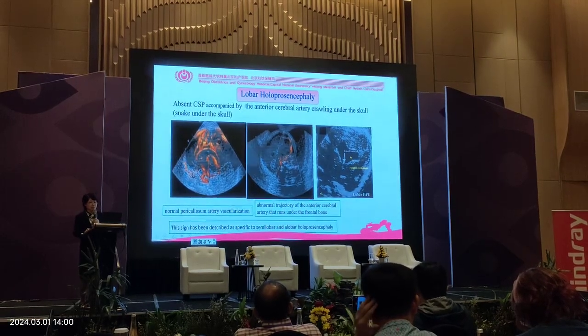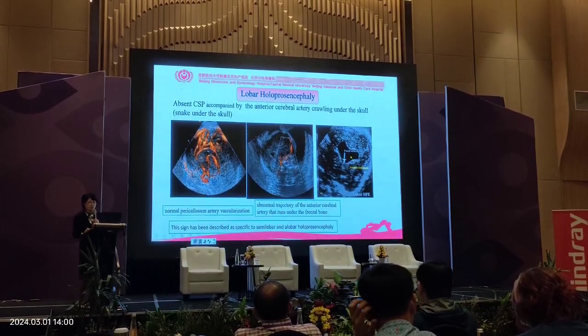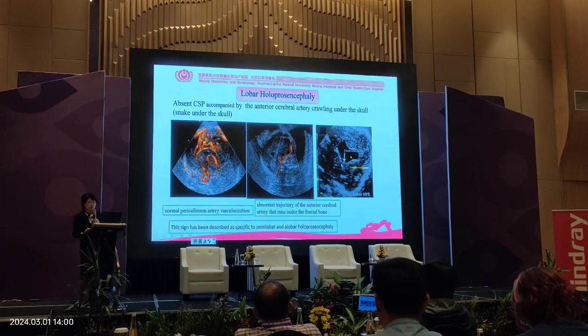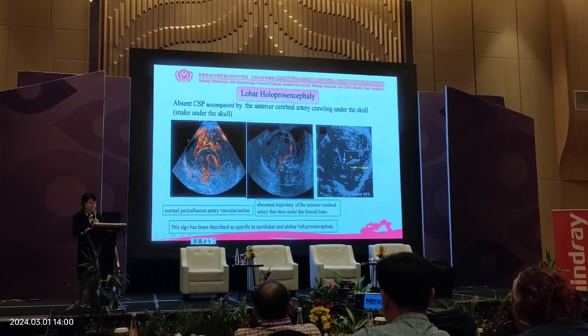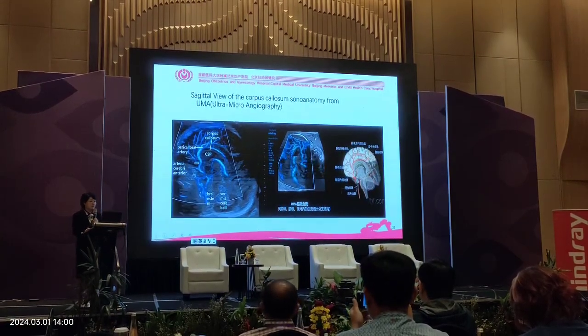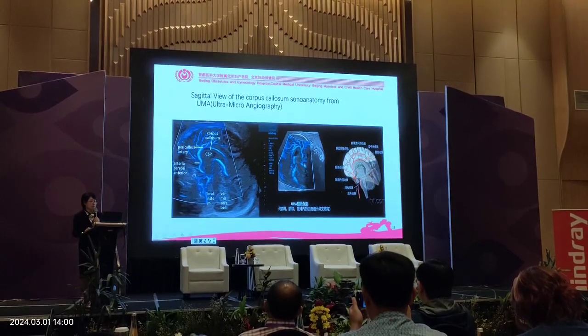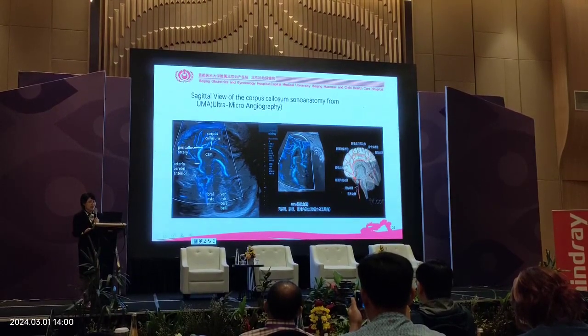This one is lobar HPE. We can see the first funicle here. It's also using the pericallosal artery, and also we can use ultramicroangiography.